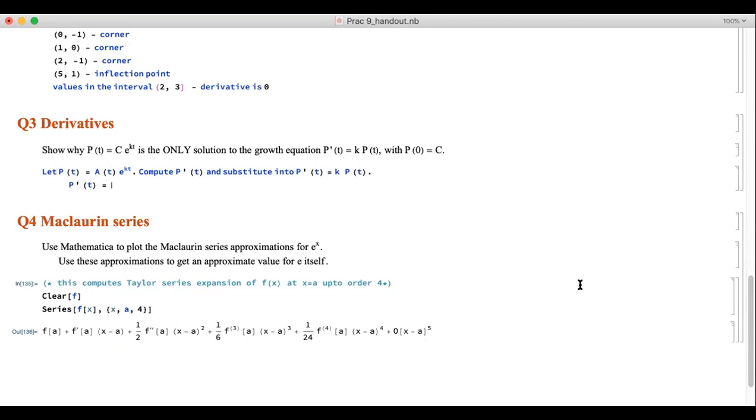That's what we are trying to find, a function of t. Yes, a(t) is a function of t. Our aim is to show that a(t) can only be constant. Remember, e to the power kt is positive.